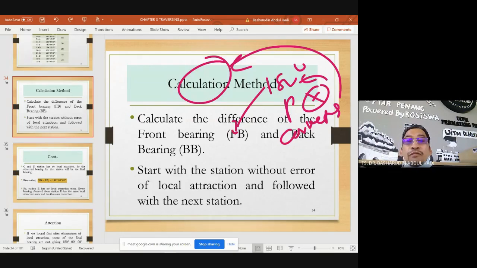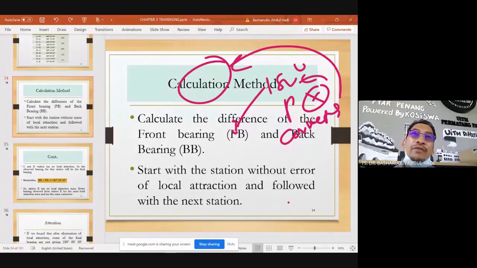So it means that, for example, you have five stations. A to B, B to A, maybe the difference is 181 degrees. And then you have B to C, C to B, maybe the difference is 170 degrees 20 minutes. And then C to D and D to C, maybe 179 degrees 0 minutes. Then D to E, E to D, it should be 180 degrees, but you get 180 degrees 30 minutes.